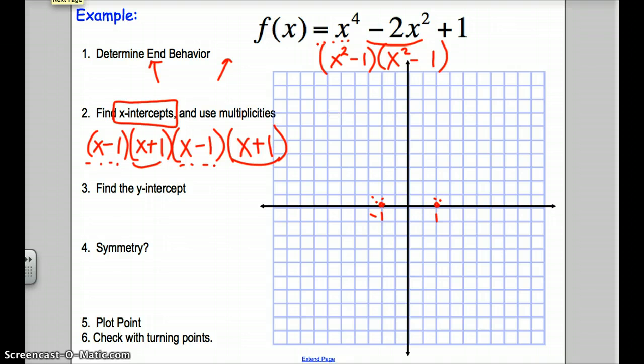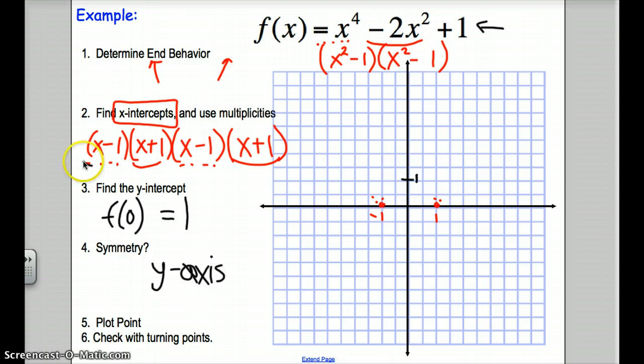It's going to have a y-intercept, so when I plug in 0, I get 1, which is really easy to see from this form. So I'm going to cross up at 1. It will have a y-axis symmetry. Okay. As we can see here, it's mostly because of all these perfect squares, these two perfect squares that create this product. Now I'm ready to graph.